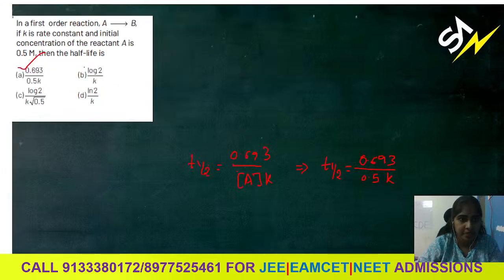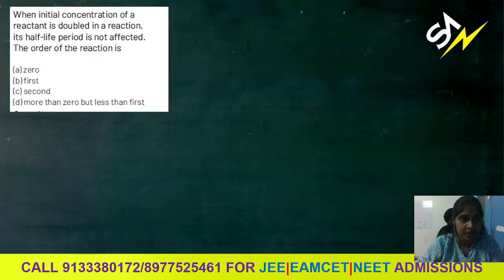And next, let's see this question. When initial concentration of the reactant is doubled in a reaction, its half-life period is not affected. So what will be the order of the reaction? So understand the question. When the initial concentration of the reactant is doubled, its half-life period is not affected.